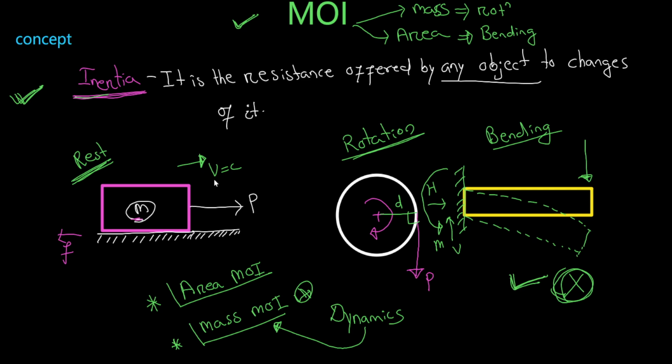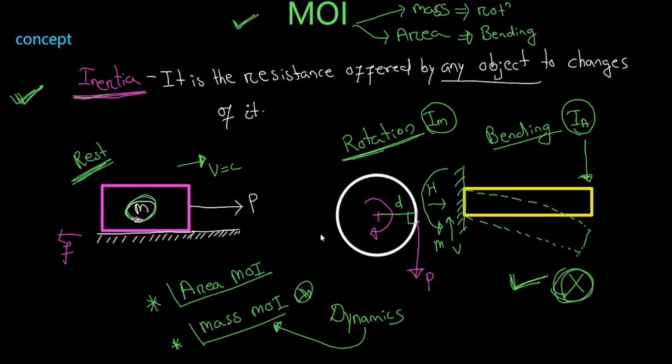That is called translational inertia. In translational motion, the mass is responsible for resisting the motion. In rotation, the mass moment of inertia, I, is responsible. Here the area moment of inertia is responsible for bending.